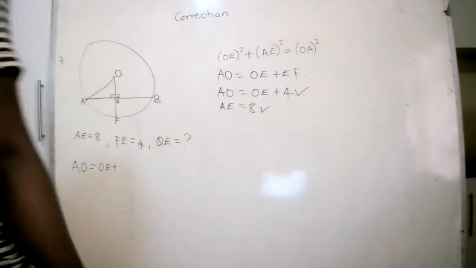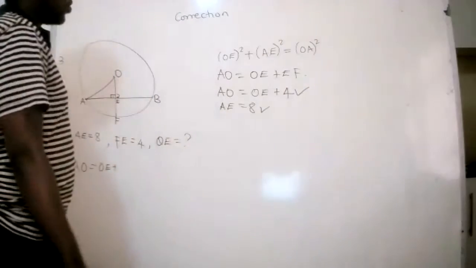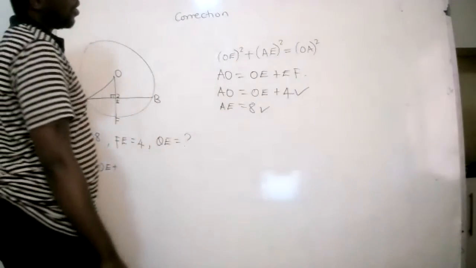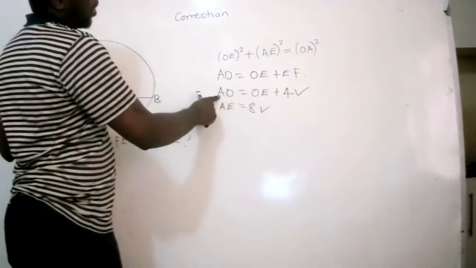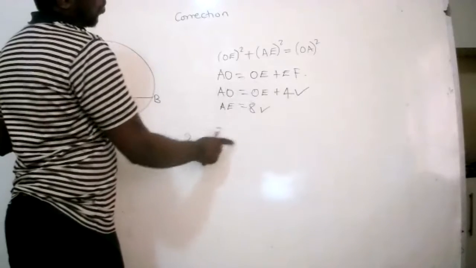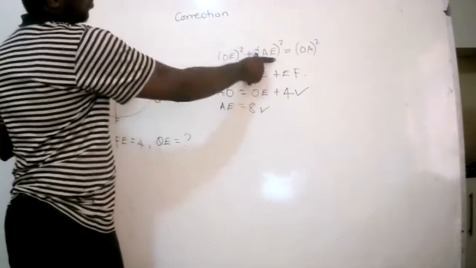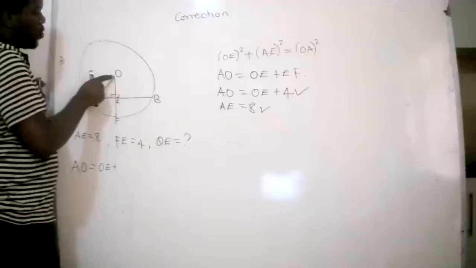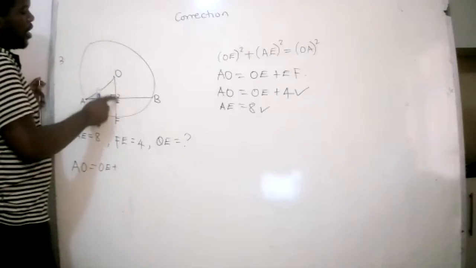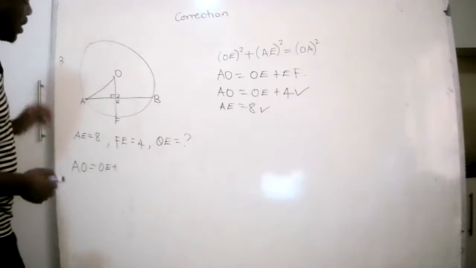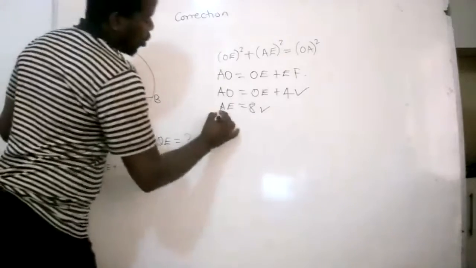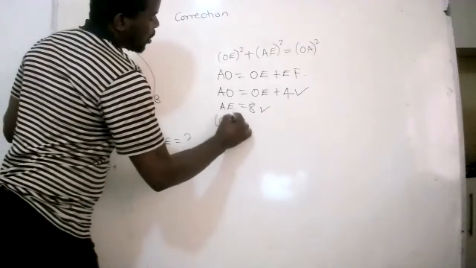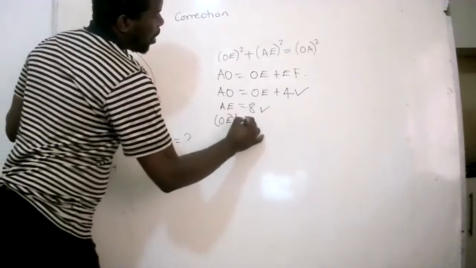So let's substitute this into the Pythagoras theorem. Where we have AO or OA, we're going to substitute this. Where we have AE, we're going to substitute 8. With that, we'll be able to calculate distance OE. So let's do that and see what we get. The OE is given, so we just write it as it is, plus.